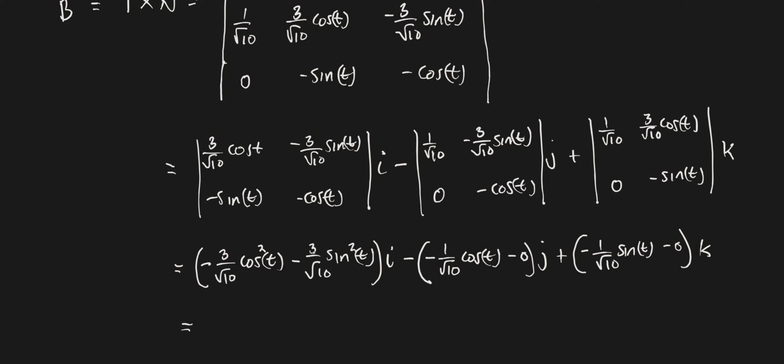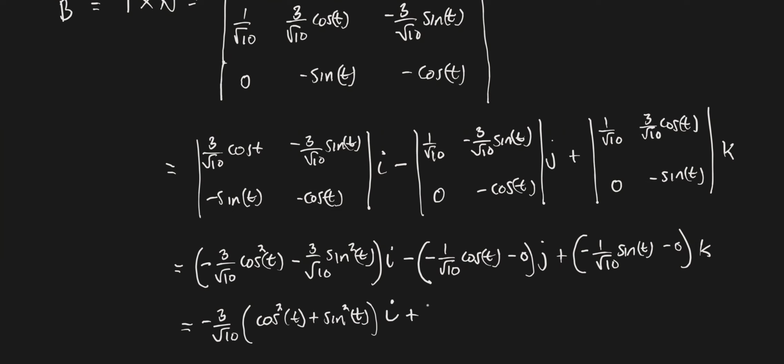But what happens is if I factor out a negative 3 over root 10, look at what I have left: my Pythagorean identity yet again. This is like the third time we're using this identity. And then i. Now let's see. So just distribute the negative.